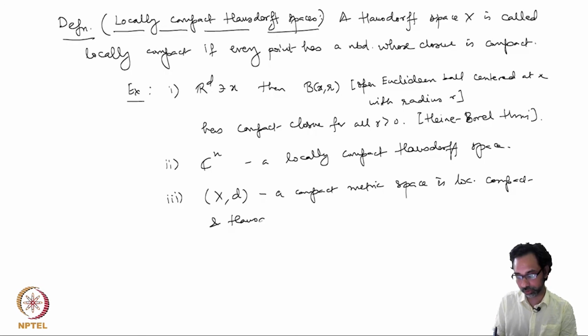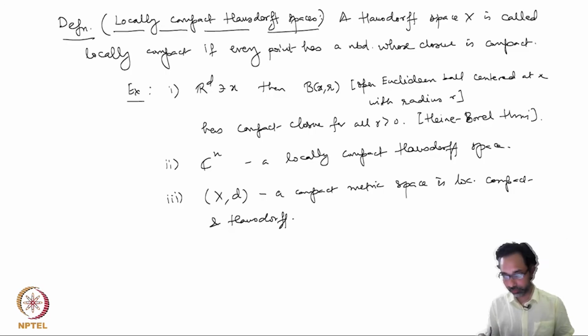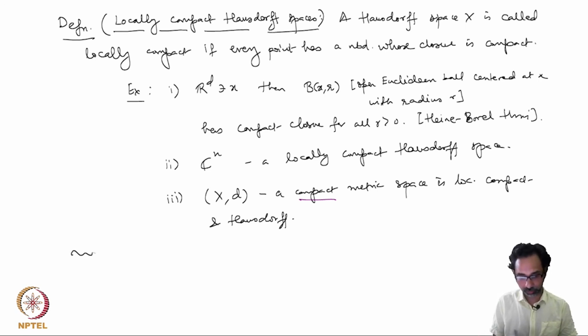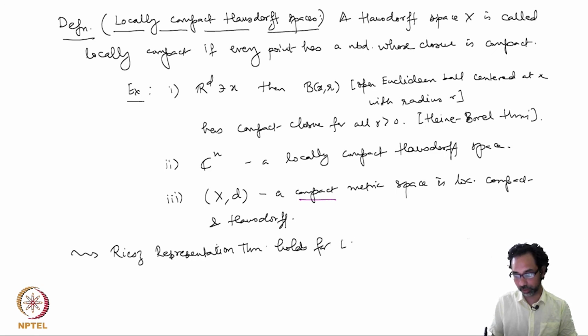Of course, it is Hausdorff because it's a metric space, but since we are assuming compactness, it is also locally compact. So locally compact Hausdorff spaces enjoy some nice properties, and the main one that we will be interested in is that the Riesz representation theorem holds for locally compact Hausdorff, which I will abbreviate by LCH, spaces X.